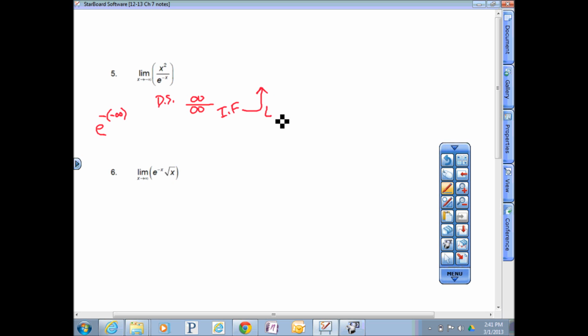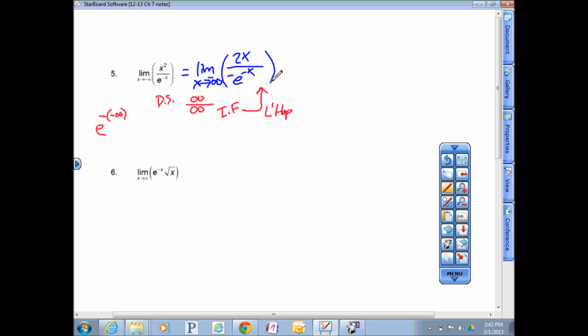Let's do L'Hopital's rule. If we do L'Hopital's rule, what do we got going? We've got limit as x approaches negative infinity of 2x in the numerator and negative e to the negative x in the denominator.